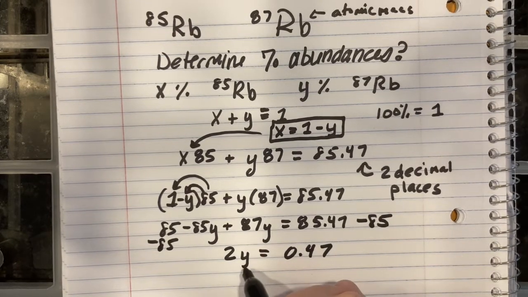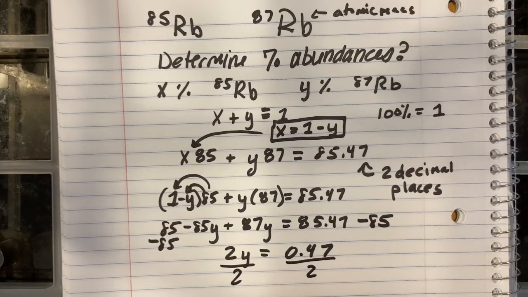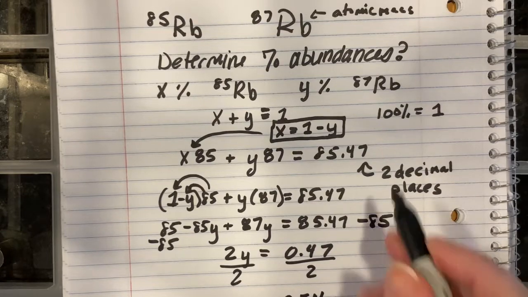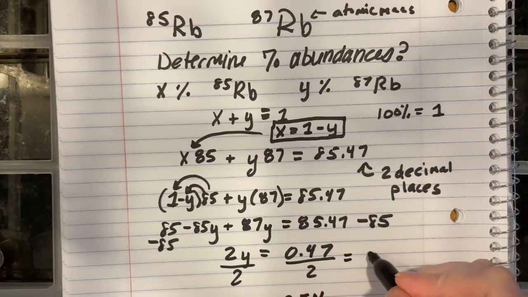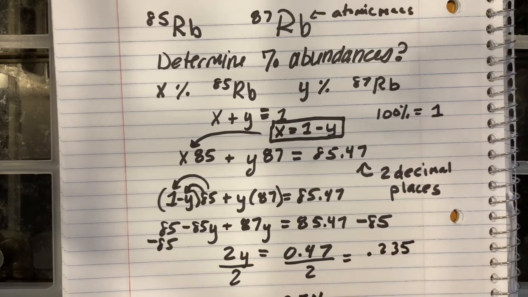So now the 2 times the y, I need to get rid of the 2, so it's attached by multiplication, so I'm going to divide. And so I'm going to end up with y is equal to 0.235. I'm sorry, I kind of skipped a step there. And then I converted it into a percentage, 23.5%.